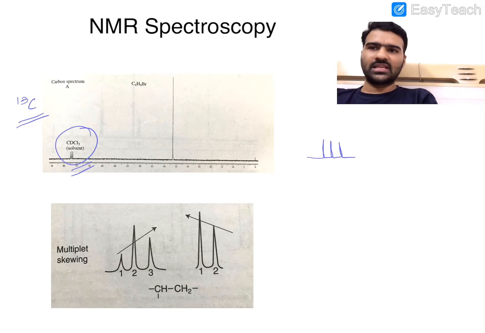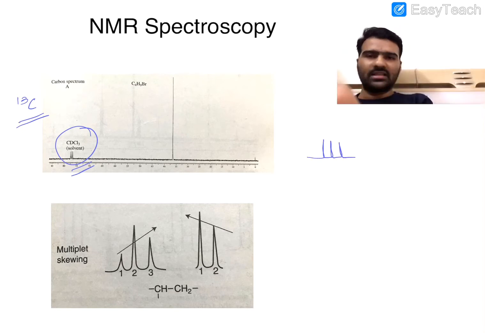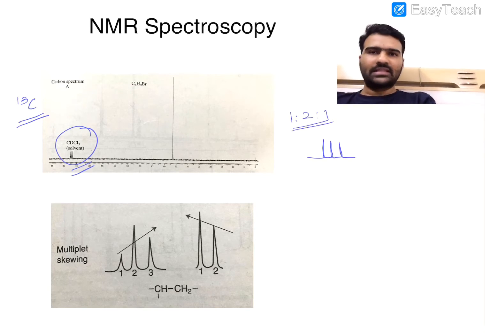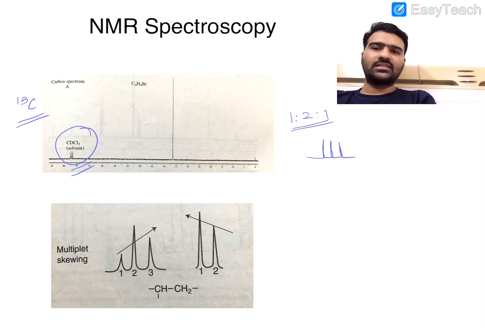Something which is strange, because in the previous case in Pascal's triangle, we said that a triplet results with the intensity of 1:2:1. And that's why I reiterated that Pascal's triangle as well as the binomial expansion should be used only for protons or nuclei which have spin equal to half.